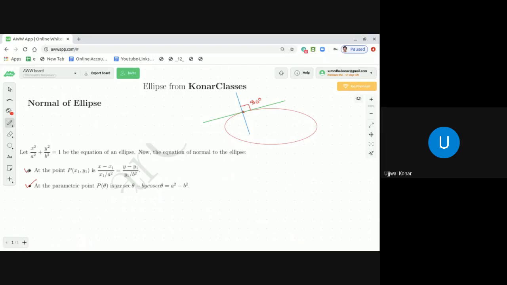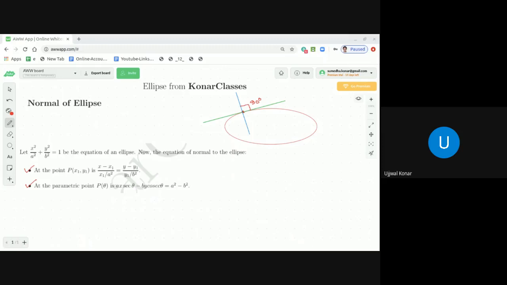So dear students, these are the two forms of equation of a normal to an ellipse: when the point is x1 comma y1, which we commonly know as a point in a Cartesian coordinate system, and the next one is the parametric point.